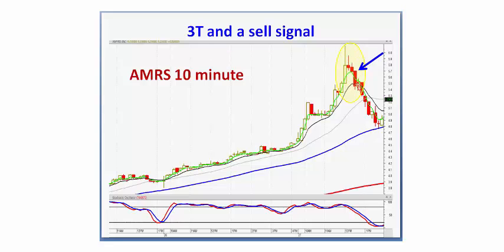If I start seeing sell signals and a close back below the T-line on the 10-minute chart, knowing that my daily chart is hugely overbought, that's where I'm going to start taking profits. The worst case scenario is it pulls back and comes back up above the T-line, I can always buy back in. But the probabilities say I want to start taking some money off the table at these levels.